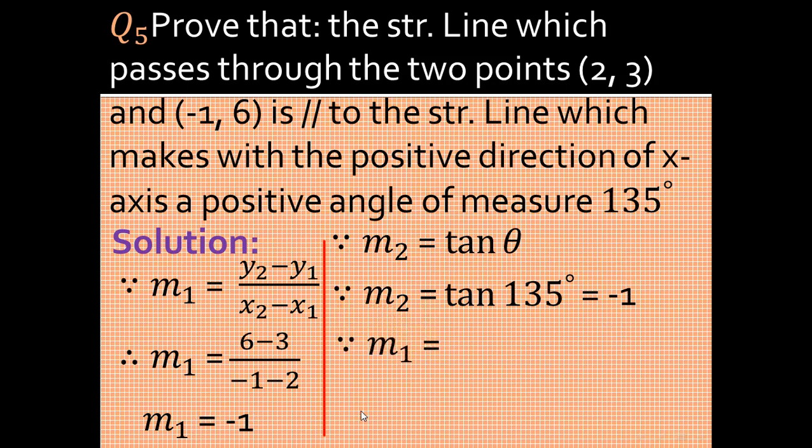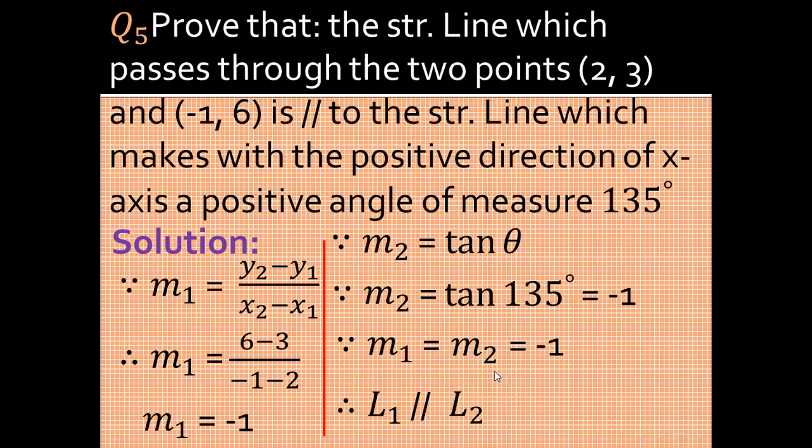From here, we can deduce that the first slope is -1 and the second slope also equals -1. So the two slopes are equal: M1 equals M2 equals -1. Therefore, the first straight line is parallel to the second straight line.